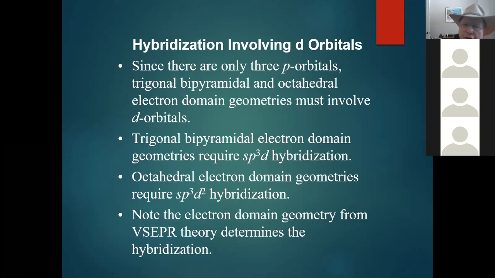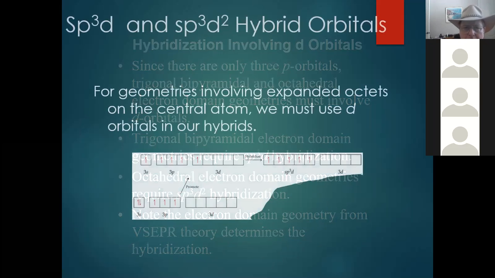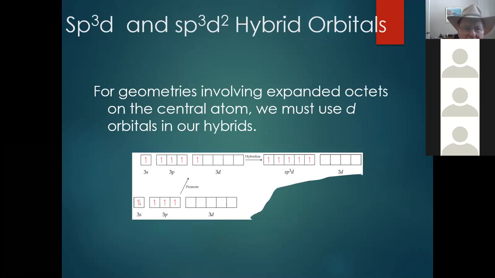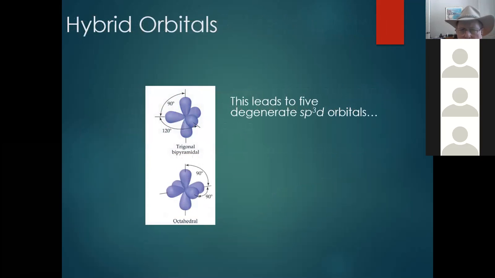The electron domain geometry from VSEPR is going to determine the hybridization. So if I have my promotion to give me 5 sites, I'm going to have 5 sp3d orbitals with 4 remaining 3d's. That leads to a trigonal bipyramid shape. If I have 6, that's going to lead to an octahedral.